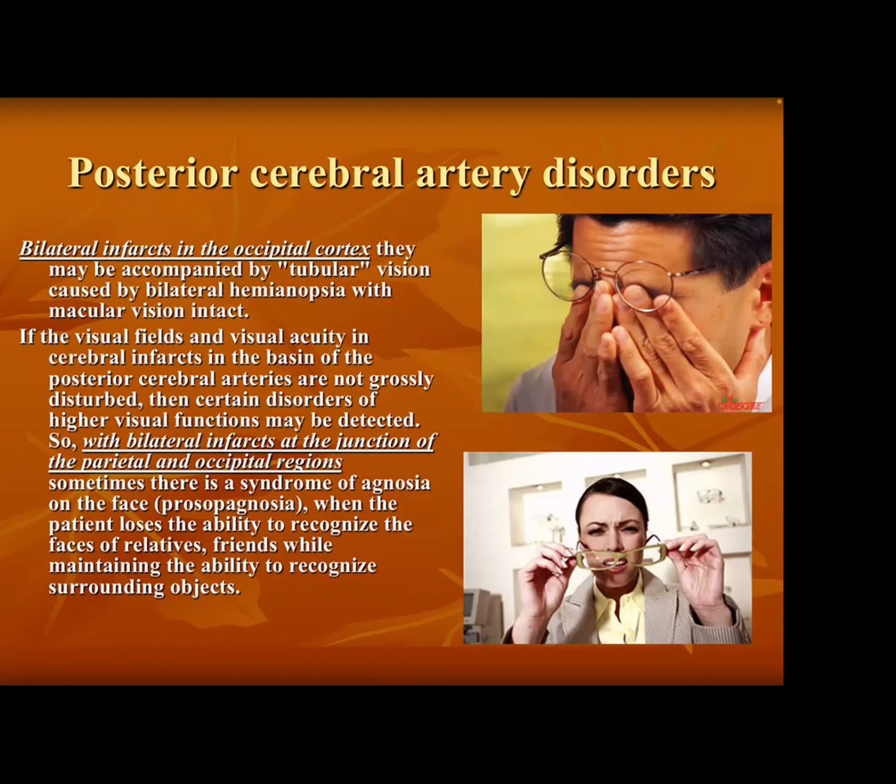With bilateral infarcts at the junction of the parietal and occipital regions, sometimes there is a syndrome of agnosia for faces, prosopagnosia, when the patient loses the ability to recognize the faces of relatives and friends, while maintaining the ability to recognize surrounding objects.